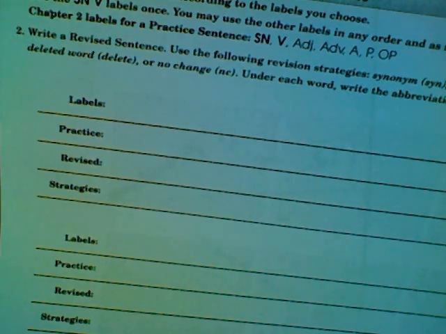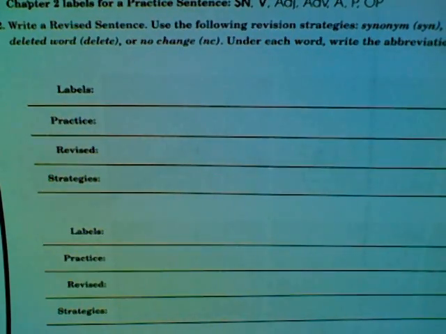Okay, so I'm going to go ahead and show you what I'm going to write. I'm going to write the practice sentence. An old cat sat lazily on the steps. Okay, so I'm going to go ahead and write it, and then I'm going to show you what it's supposed to look like.